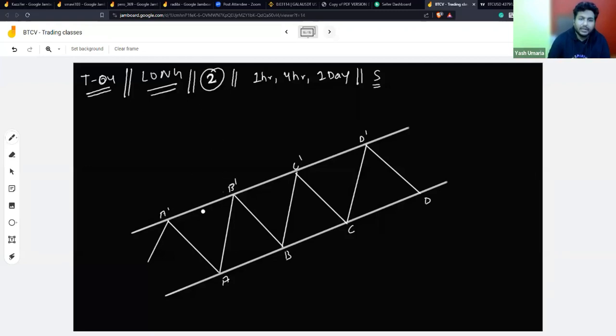Now can you tell me on which point I should take a trade? We have options A dash, B dash, C dash, D dash, and A, B, C, and D. Tell me on which point I should take a trade in this condition.